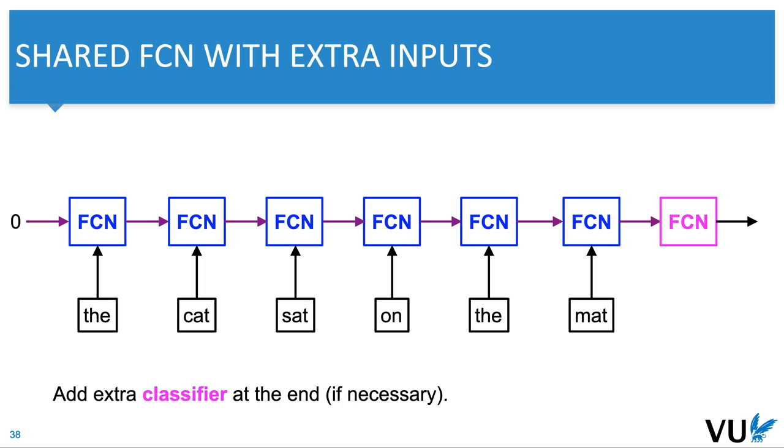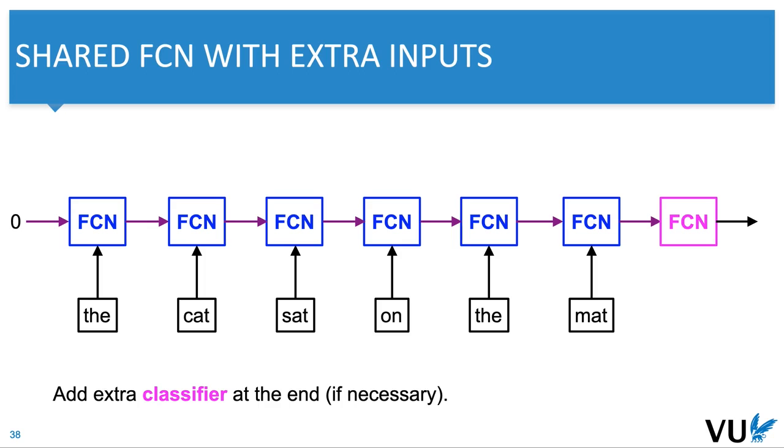And if you look at the last blue fully connected network block, indirectly, it already has access to everything that happened in the past, because the previous FCN block already processed what was before, and so on. So here is the recurrent character of this neural network, okay?